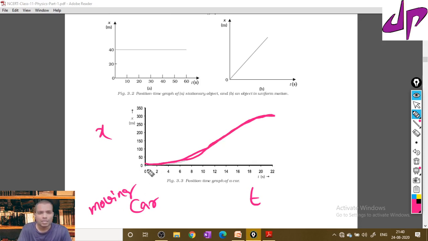Initially at time t equal to 0, the position is 0. Then as the time increases, slowly the position changes. This change is not a straight line, as we discussed above. It is a curve. So this line represents non-uniform motion.